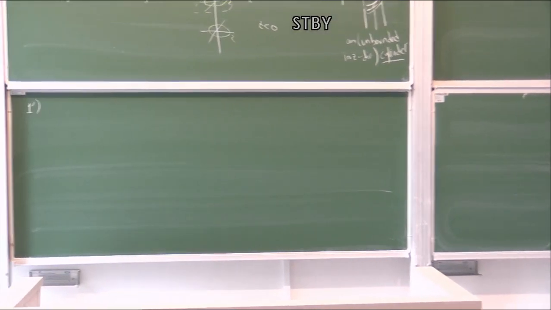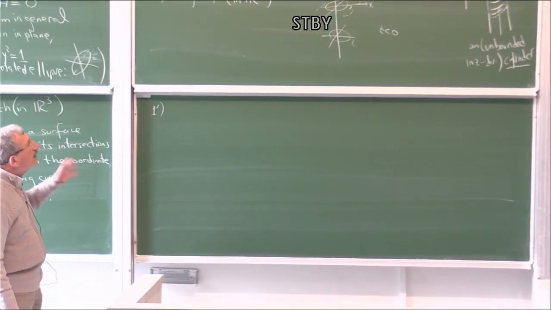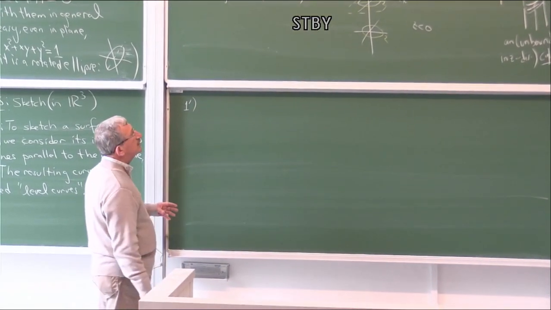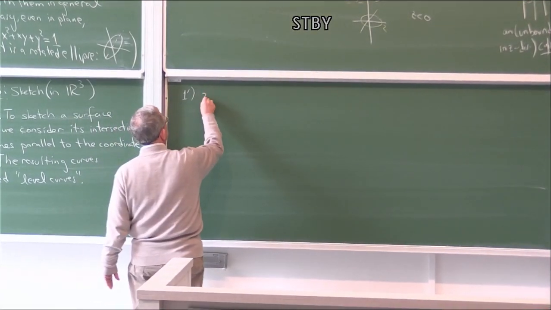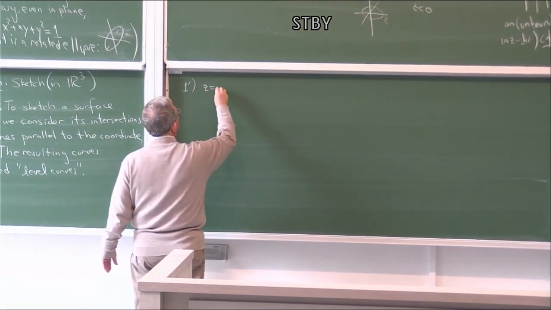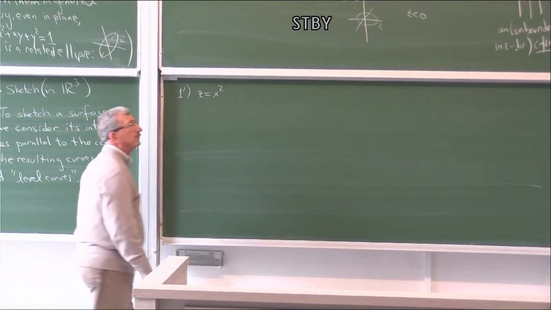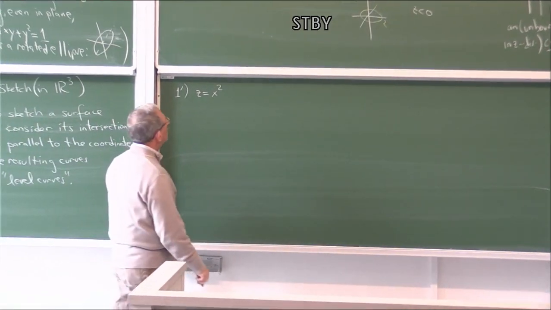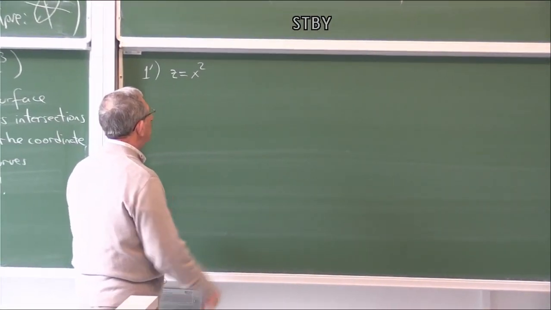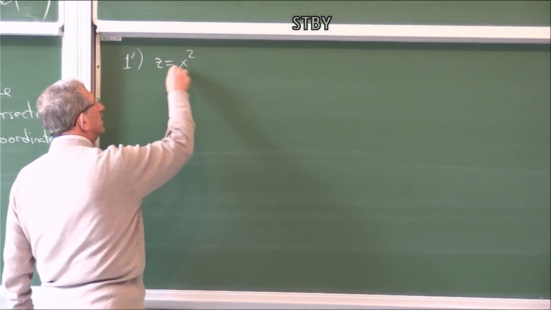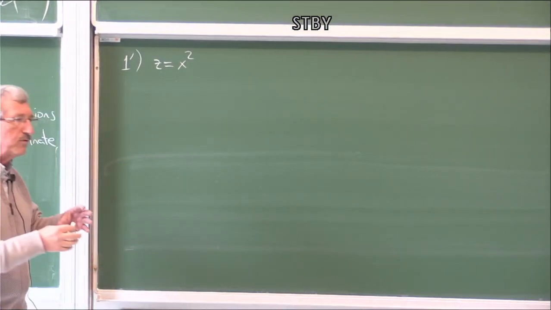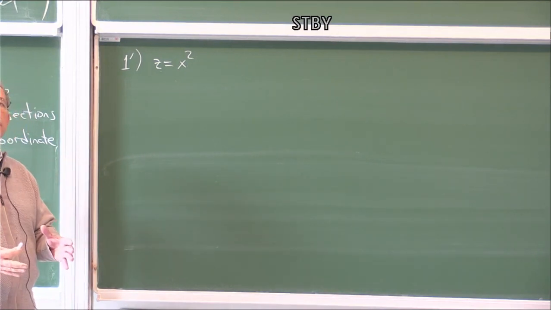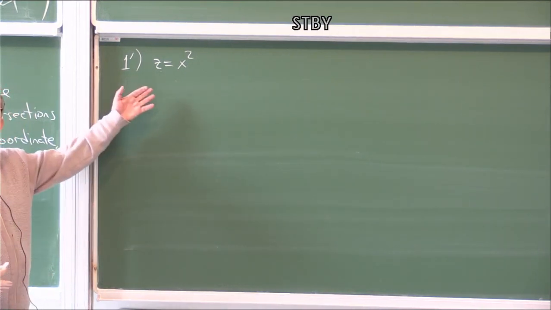As a similar example, again a quadric surface, let us consider, say, z is x squared. Now, what does this look like? Well, this is a case where we don't have the y variable. So whatever y is, we always get the same parabola.